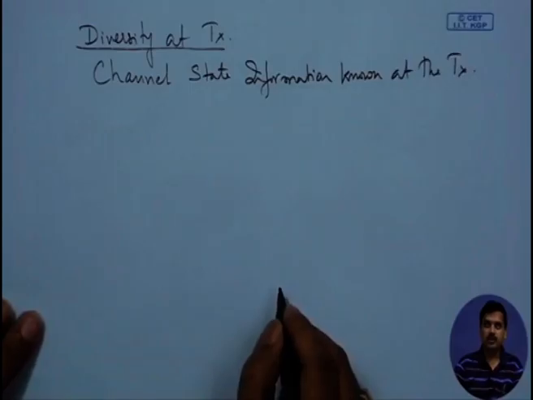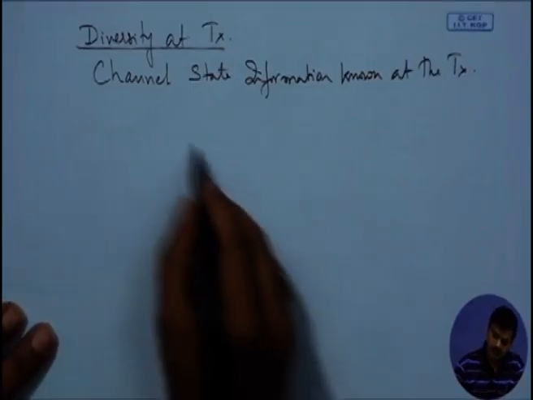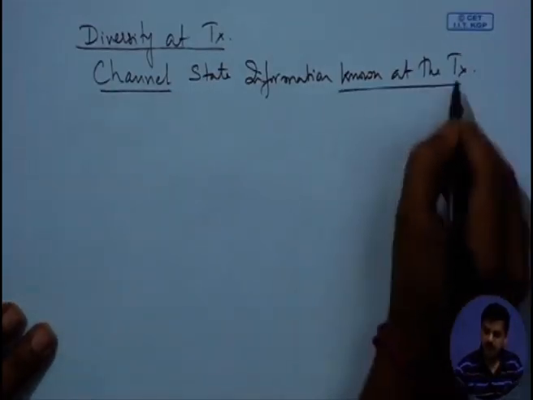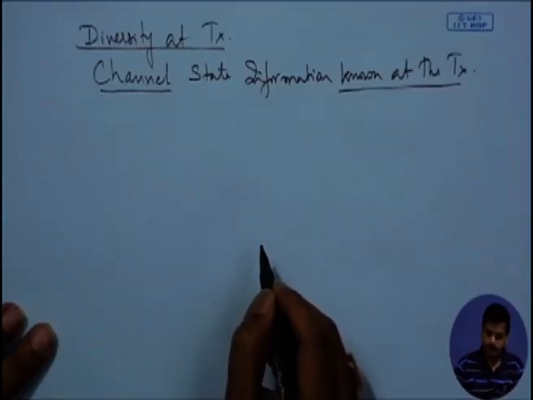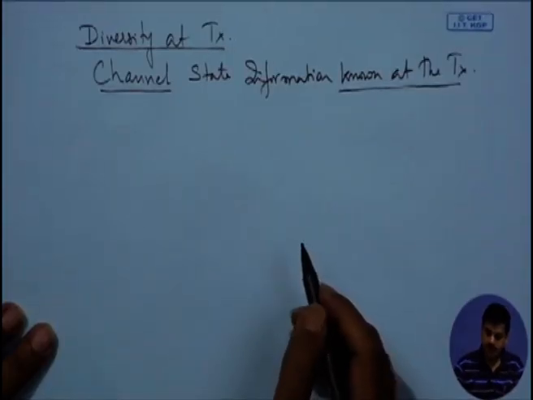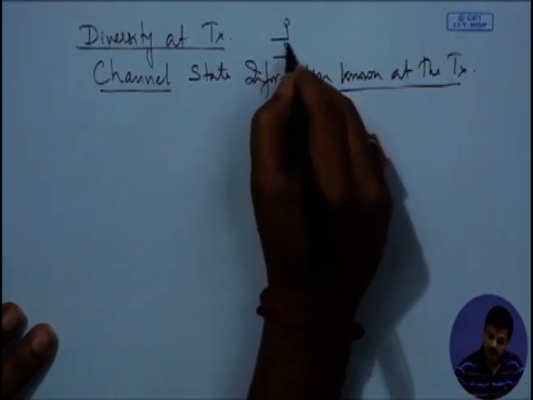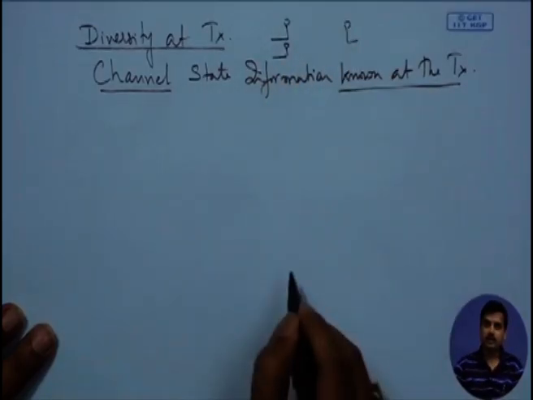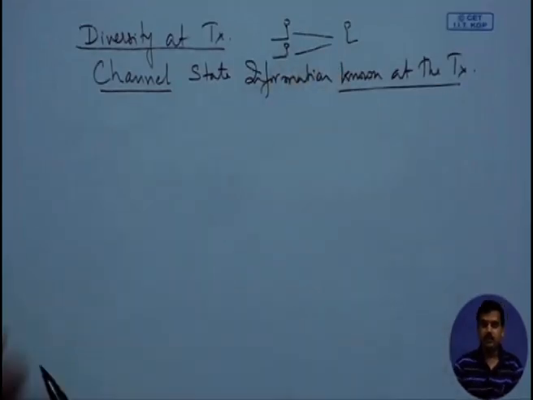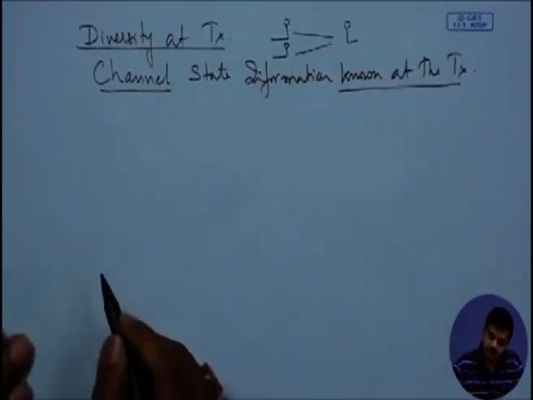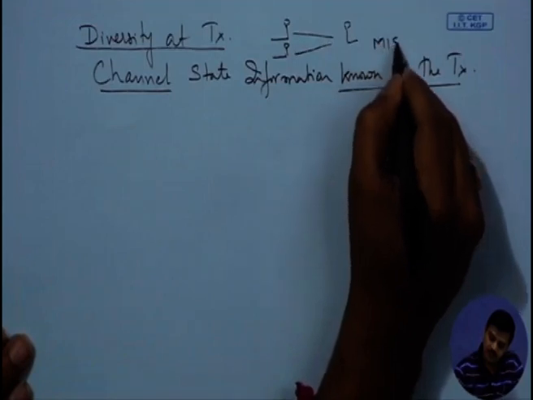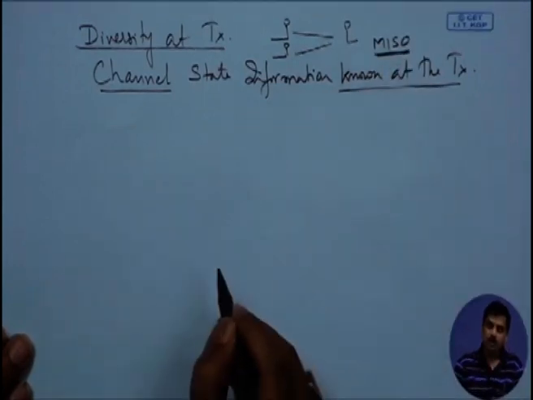We will use TX for the transmitter. In short, we can say the channel is known at the transmitter. And we will begin with the case where there are multiple antennas at the transmitter and a single antenna at the receiver. So, this is the case which we will consider. This is basically the MISO, multiple input single output scenario.